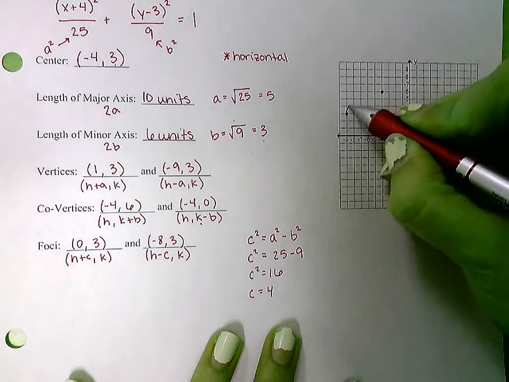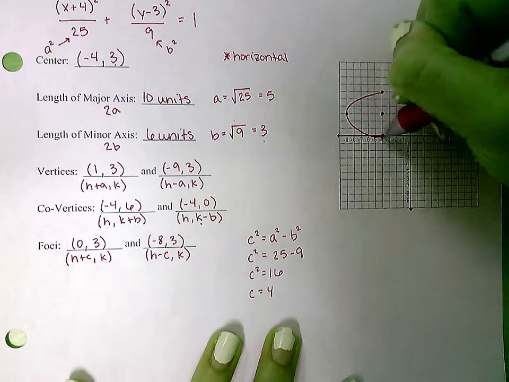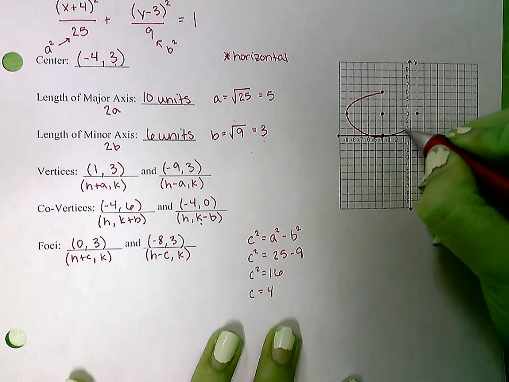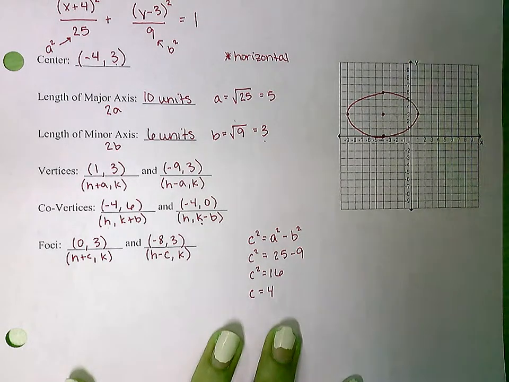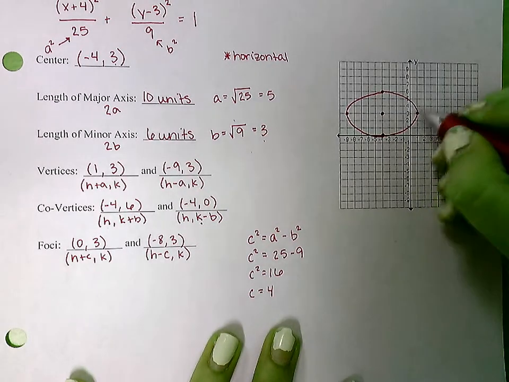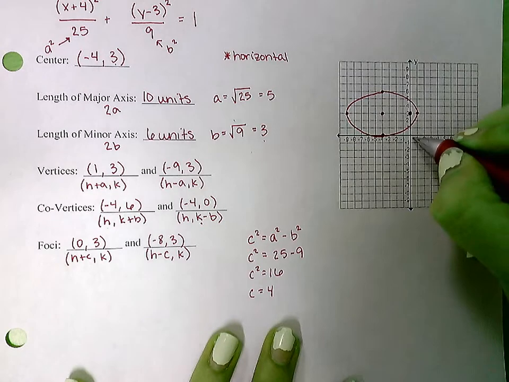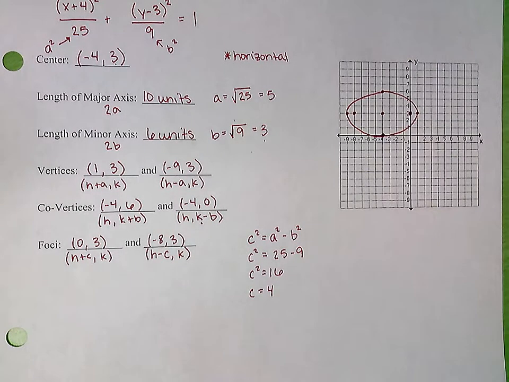I can connect those to make that oval shape. And then my foci points I have at (0, 3) and (-8, 3). So it should look something like this.